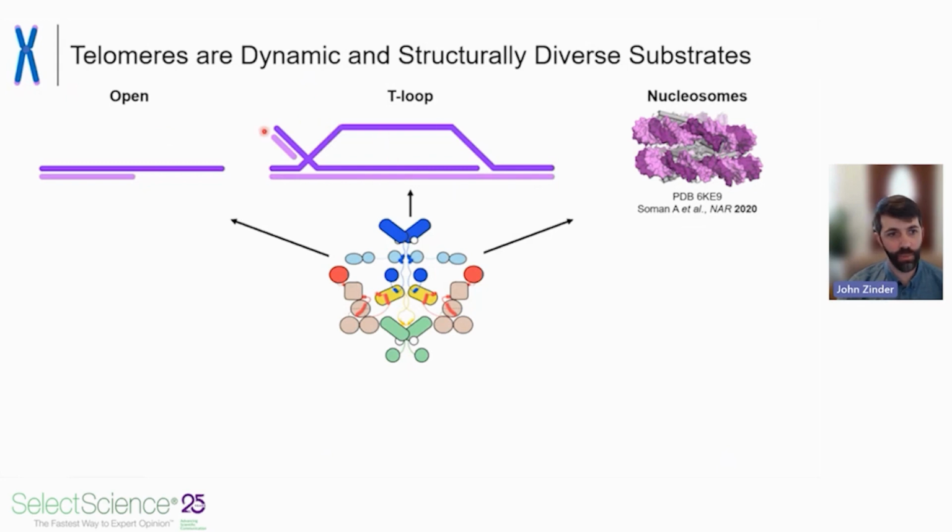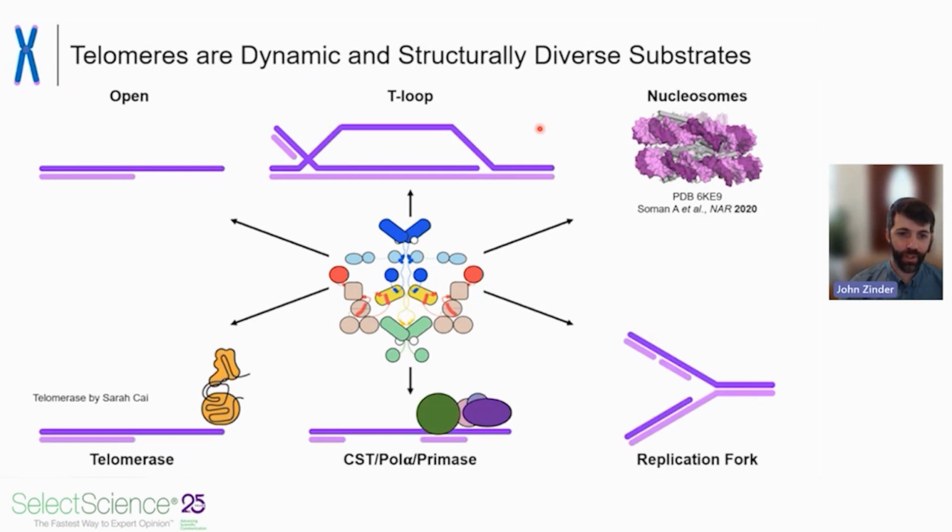They can be found in T-loops where the 3' end is tucked into the double-stranded region. And all throughout the telomere, it is chromatinized, so it's all bound up by nucleosomes and nucleosome-associated, chromatin-associated proteins. And so it makes sense that you have a lot of flexibility within this complex to be able to accommodate all these really different sorts of structures that you have throughout the telomere.